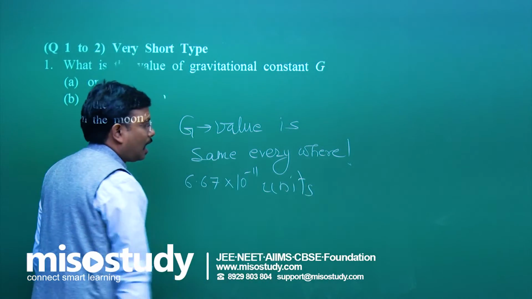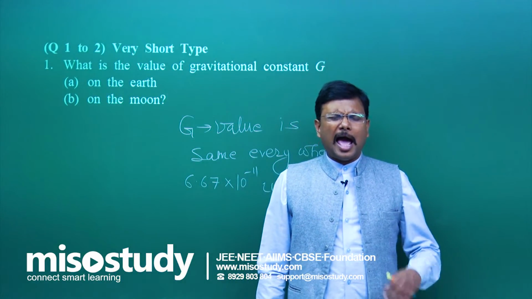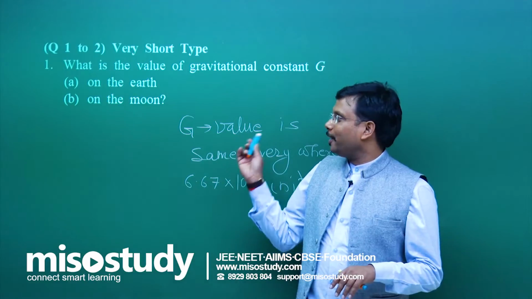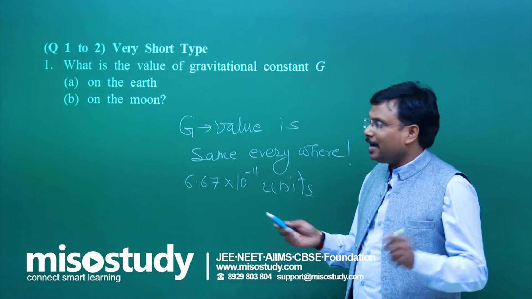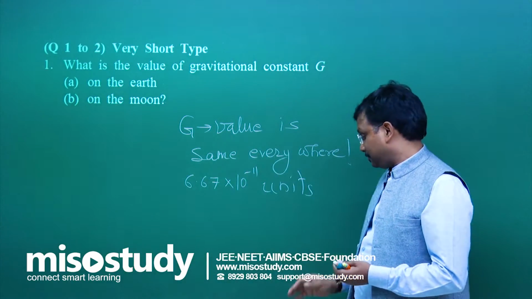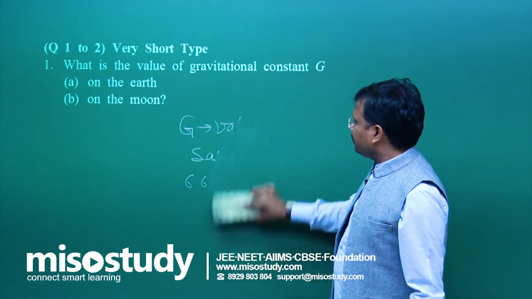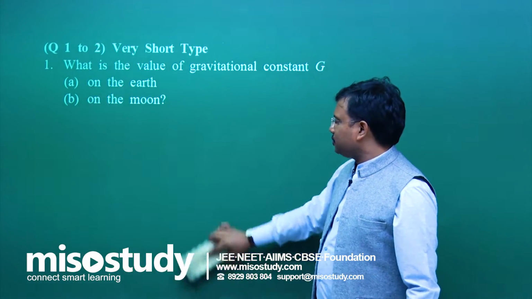Be it Earth, Moon, Mars, Jupiter, Venus, Saturn, anywhere, it is going to be the same value, fine, no change. I hope you will realize it, and this is something that I already mentioned in the lectures.